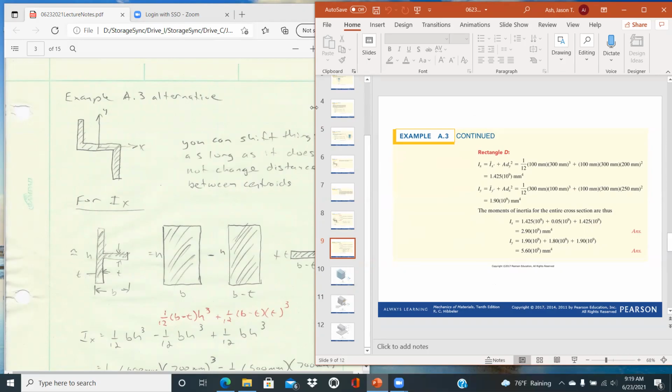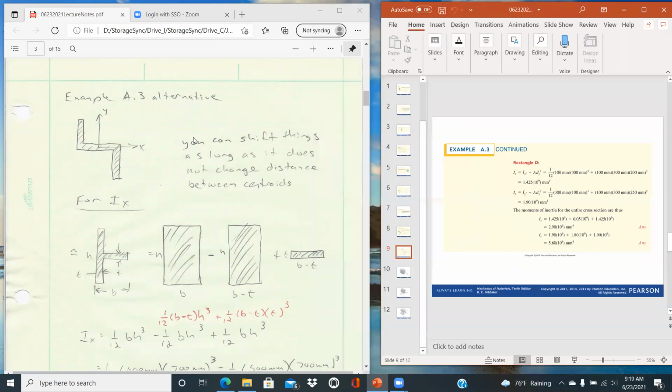But there is an easier way when you have geometries that are shaped like this. You can shift portions of the geometry as long as it does not change the distance between the centroids of the overall area and the centroid of the portions.